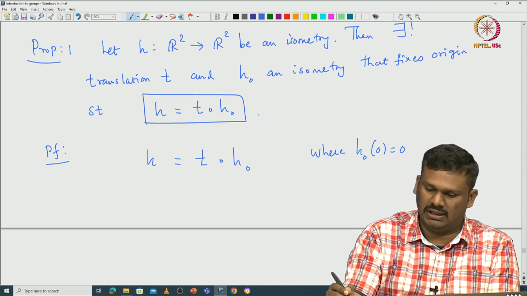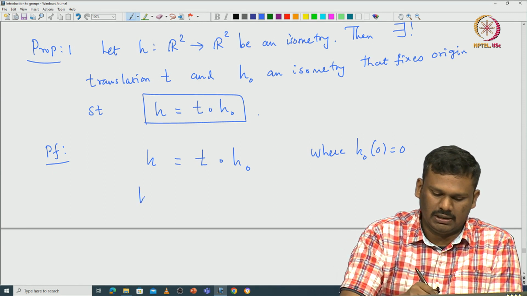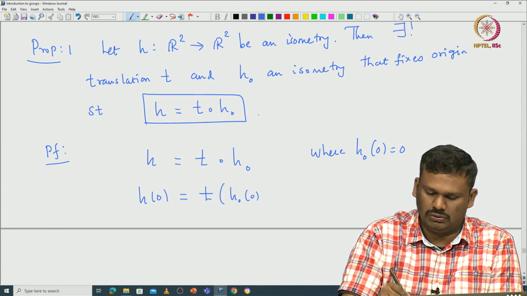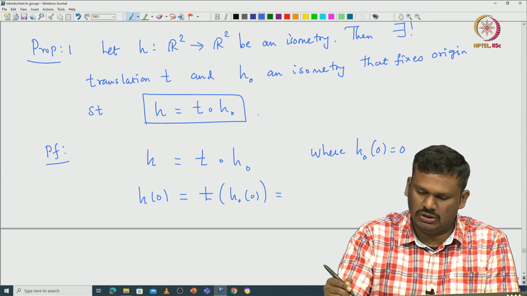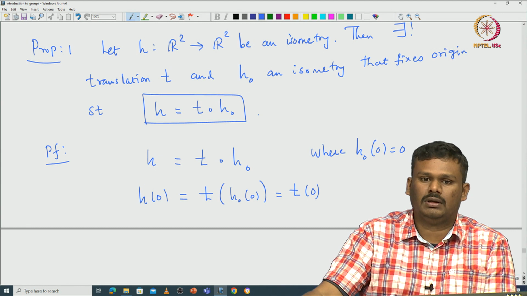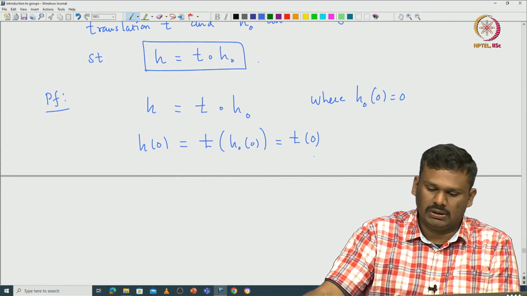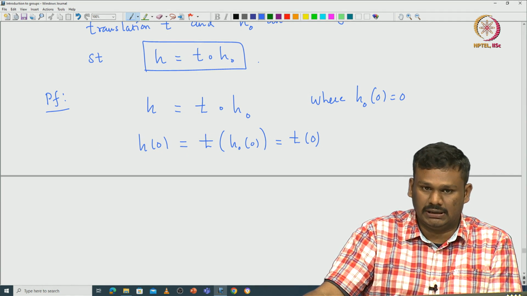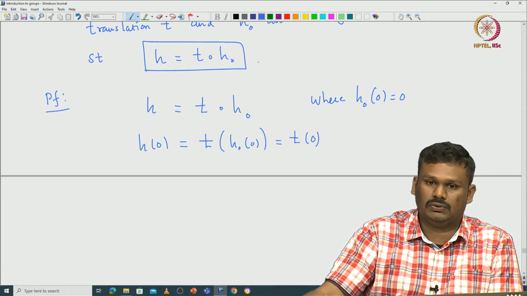Then H of 0 must be equal to T of H naught of 0. But H naught of 0 is 0, so this is exactly T of 0. So the translation T is determined by H of 0.